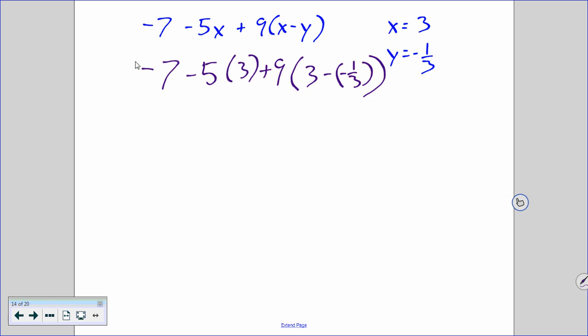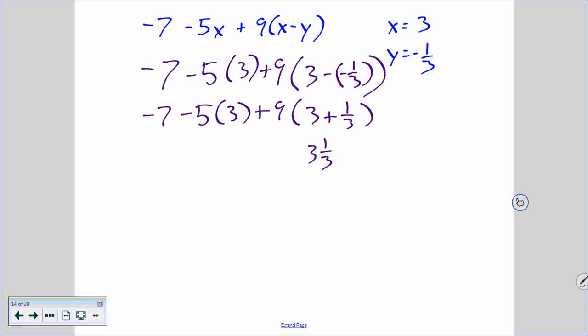Okay, so the first way would be to simplify what's inside. So this is 3 plus 1/3 inside here. 3 plus 1/3 is going to be 3 and a third. And you end up multiplying that by 9. I mean, there's no reason you can't. 9 times 3 is 27.